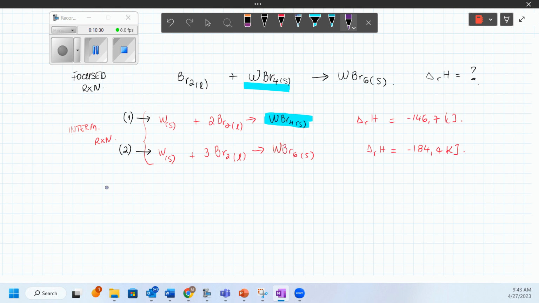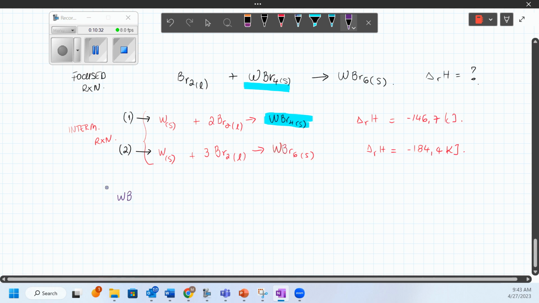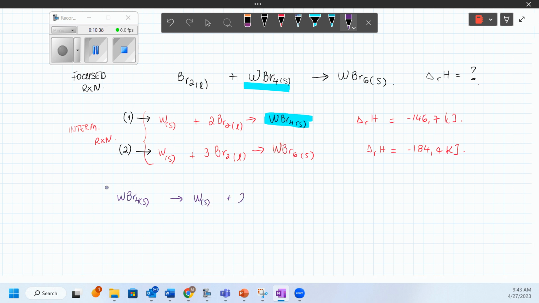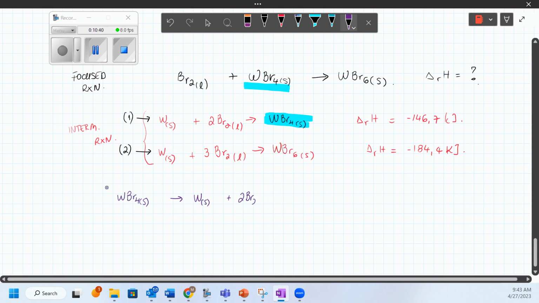So the first one now will be WBr4 is W solid plus 2 bromine gas, or liquid, sorry. And then what should I do based on the rules that we said? What should I do to the enthalpy of the first intermediate reaction?